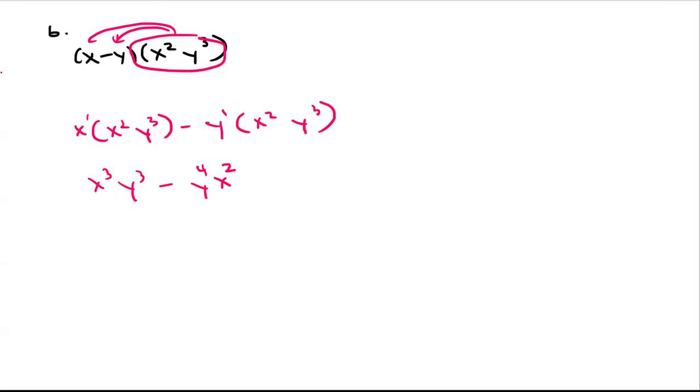Okay? Now don't try to combine this. This is not true. Okay? Don't try to say, oh, this is x and this is minus y or something. That's not true. Again, I'll see that on the test, but that's not true. Okay? So that's all we can do here.